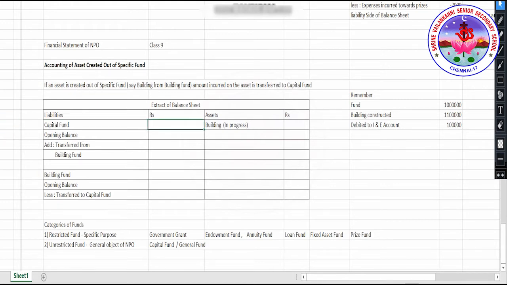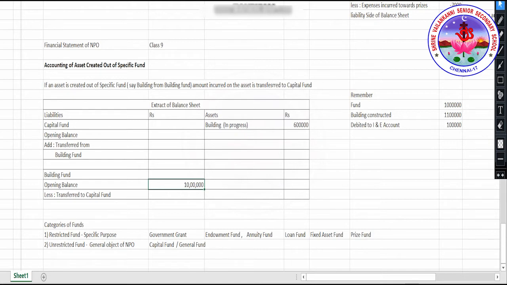Let me illustrate. For example, we have a building fund opening balance of 10 lakhs. Out of this 10 lakhs, we have used rupees 6 lakhs for the construction of building.